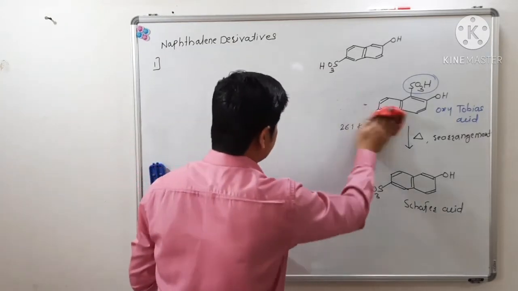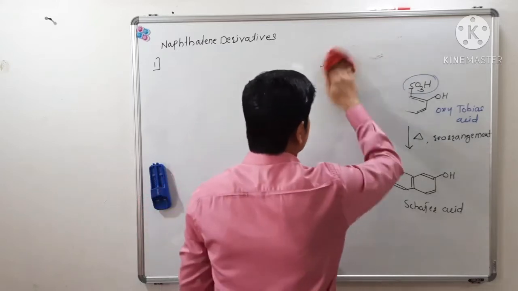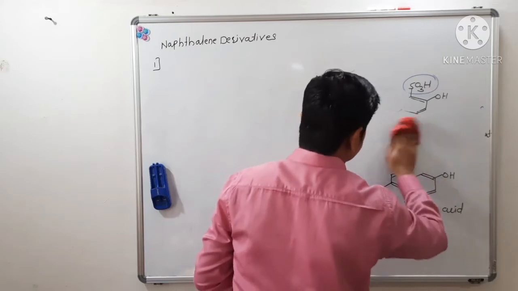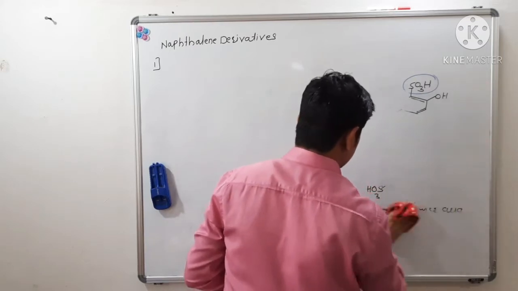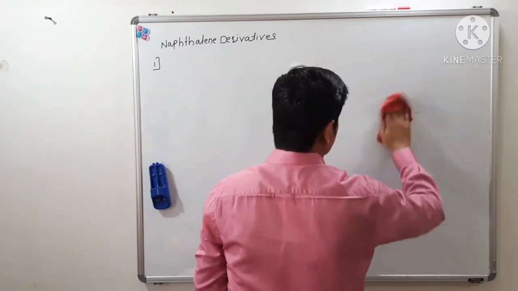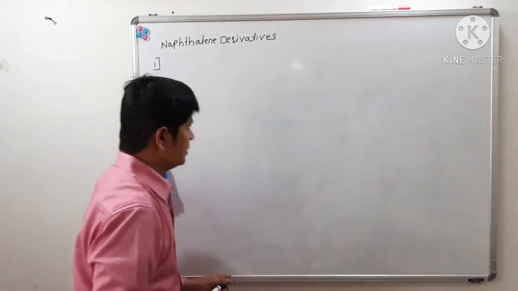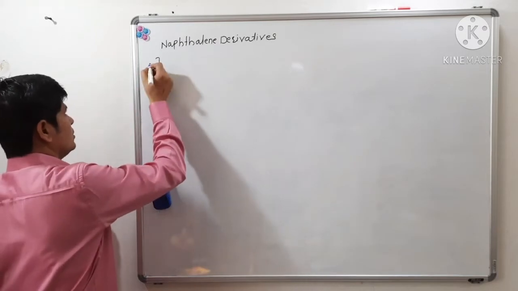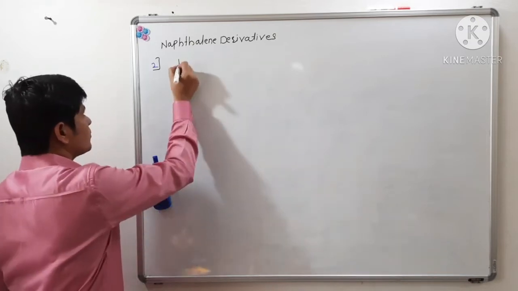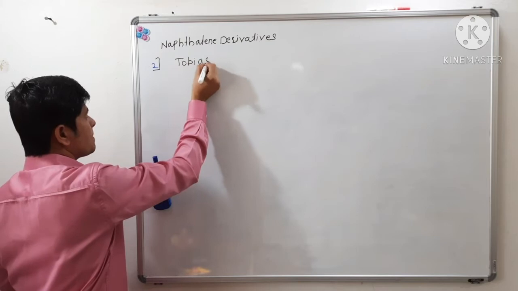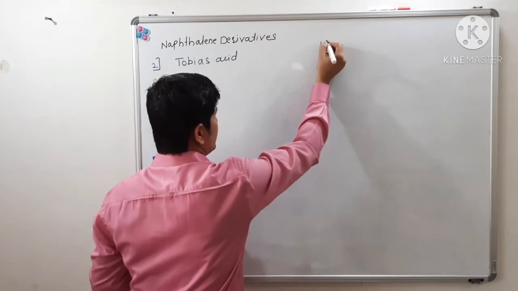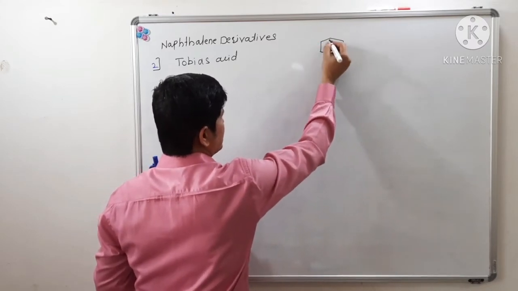Let us see what the structure of Tobias acid is.